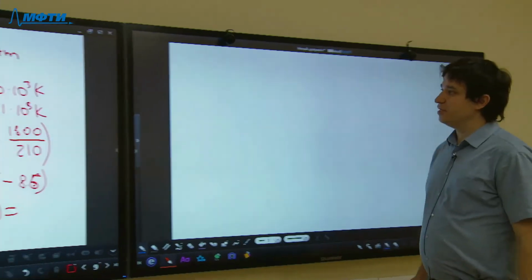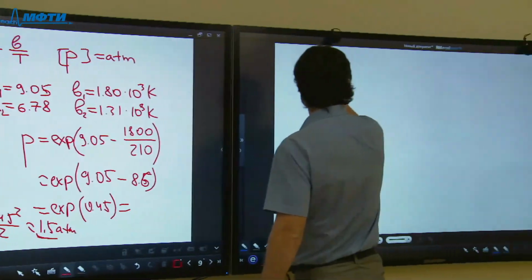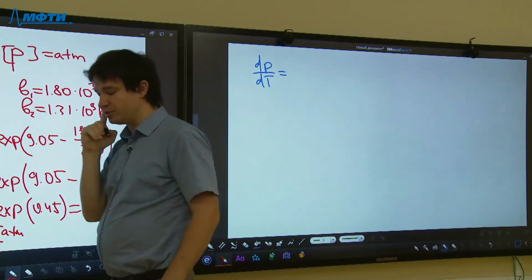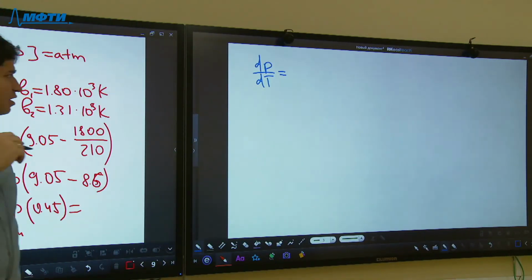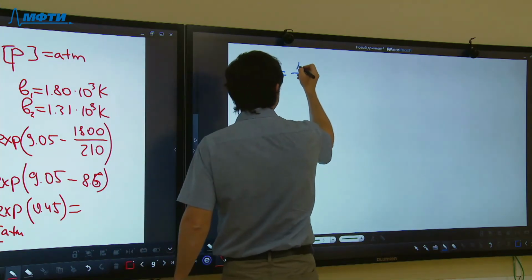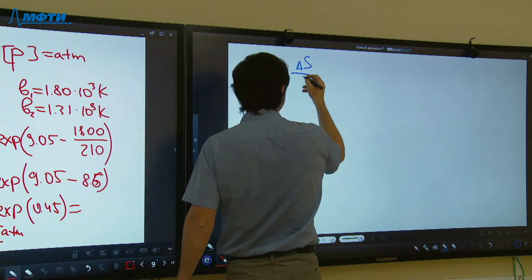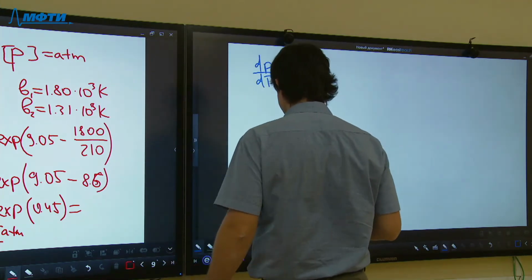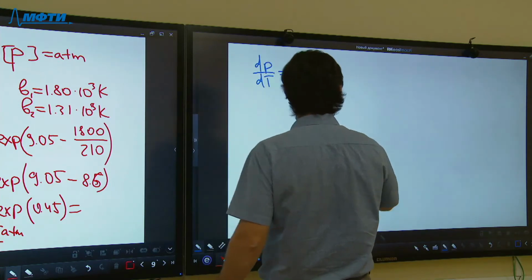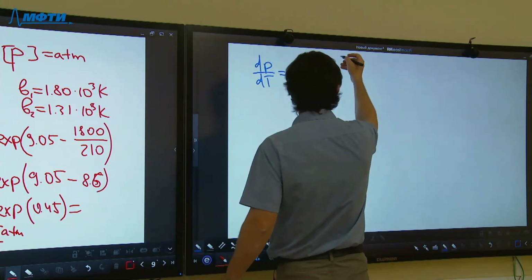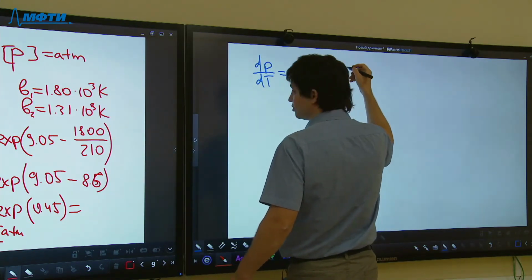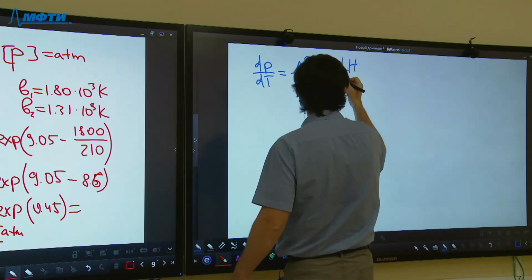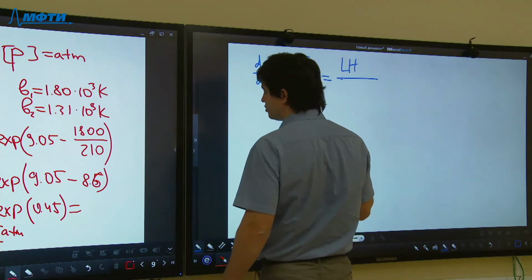Okay, so now we need to apply the Clapeyron-Clausius equation. It says that the derivative of pressure over temperature is the change in the specific entropy over the change in the specific volume of the corresponding phases. That means this is our latent heat, divided by temperature.